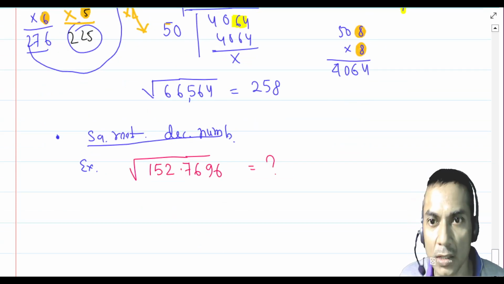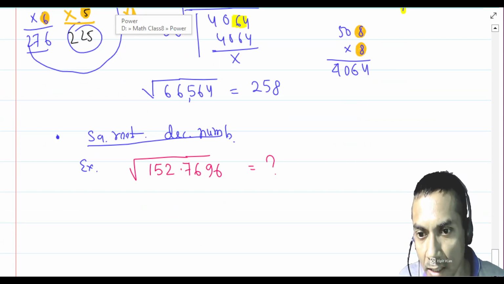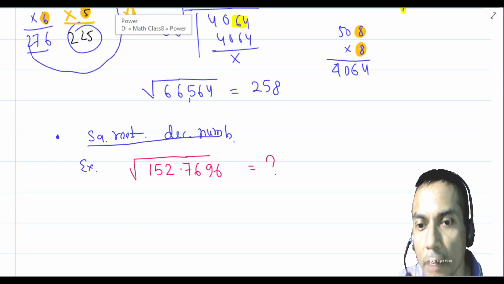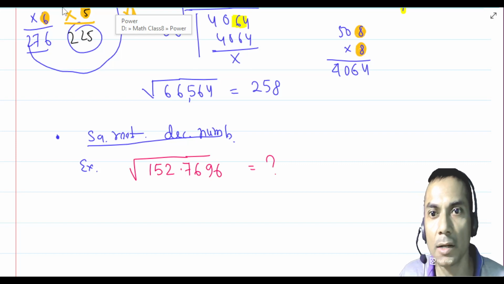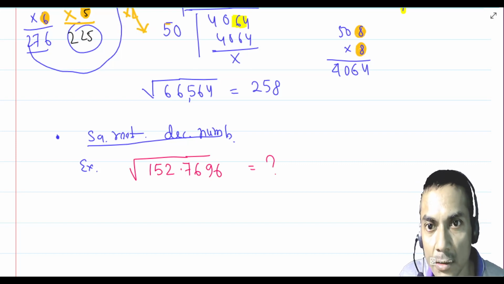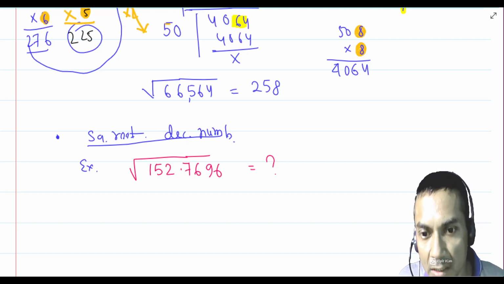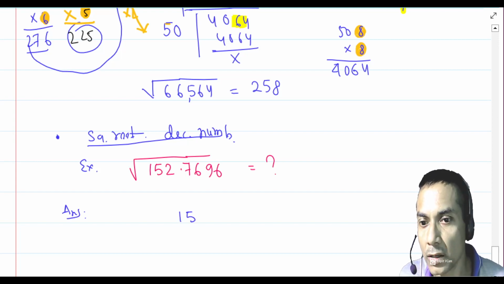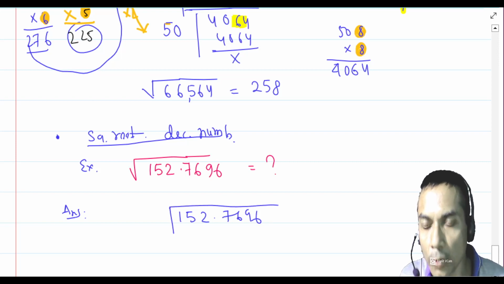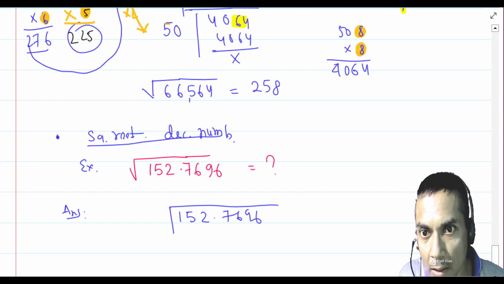So you must remember, you already learned how to find the square root of the whole number part, but for the decimal part I told you, you must follow this. If you make a mistake, then you can't get the answer. So the method is, 1527.696. What you have to do, you have to group it. The whole number part is grouped in this direction.